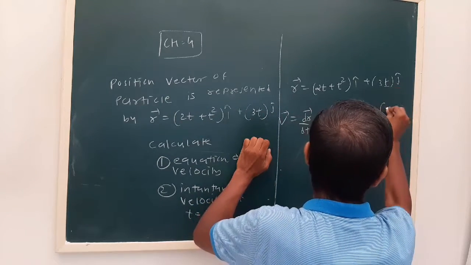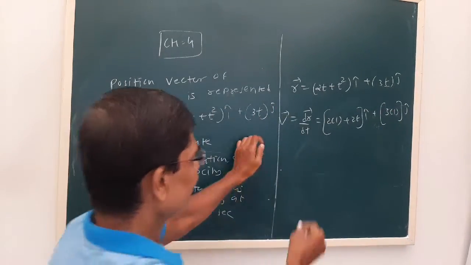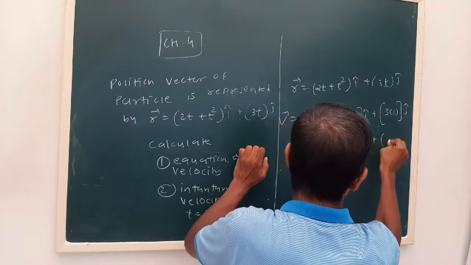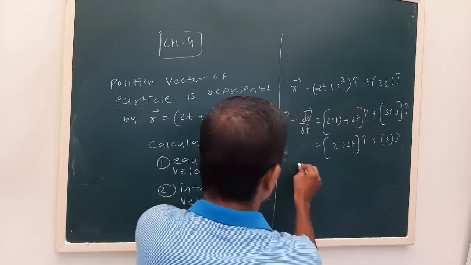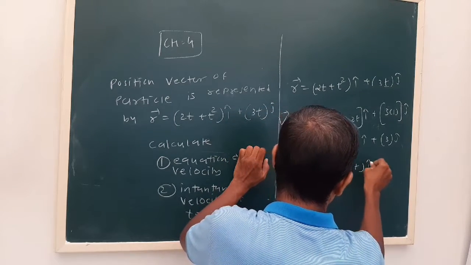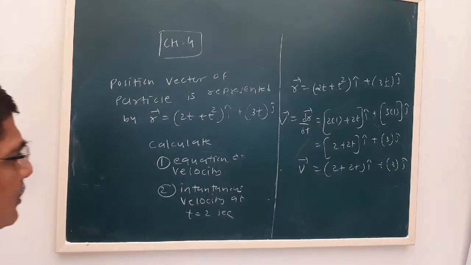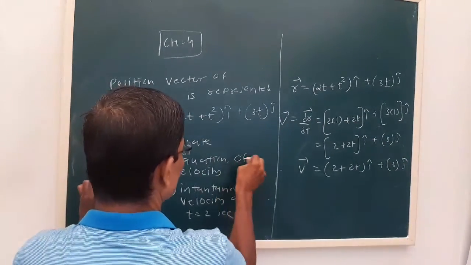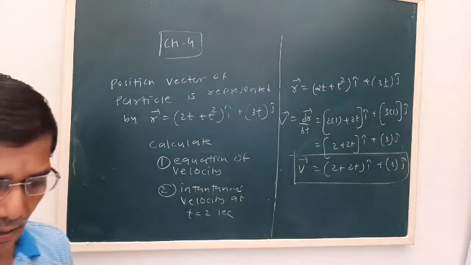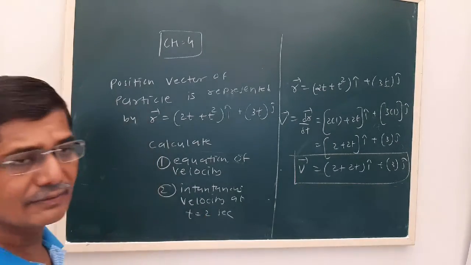So v is equal to (2 plus 2t) i plus 3j. This is the equation of the velocity, the first part of the answer. Now the instantaneous velocity at 2 seconds.